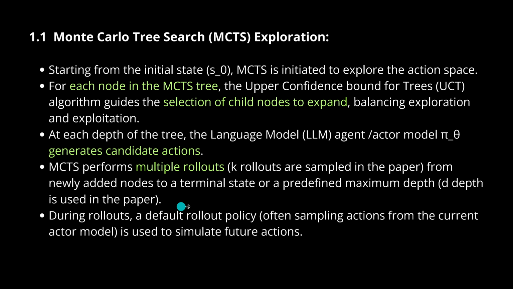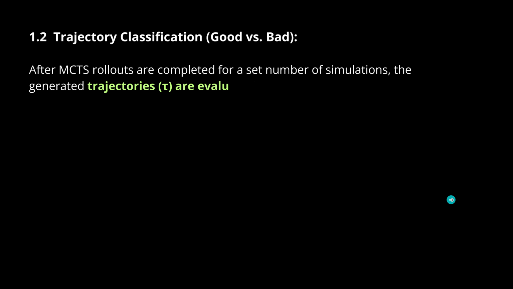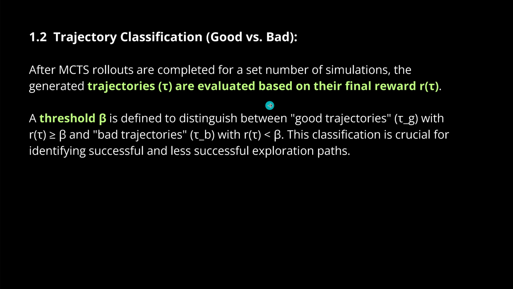And during the rollout, starting in the initialization phase, a default rollout policy simulates the future actions. Then, and this is the beauty, once completed for a set of rollouts, the generated trajectories are evaluated based on their final reward. This is the classical approach that we know.